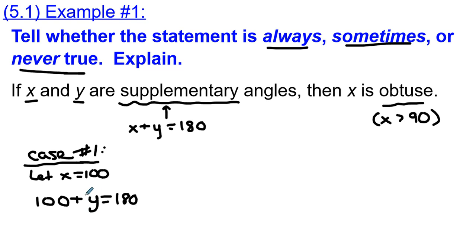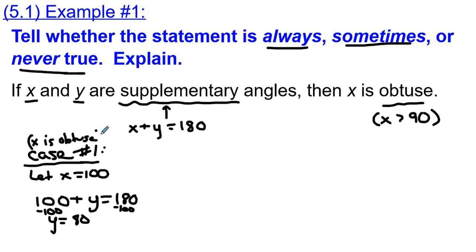And you can definitely tell it's 80. So you could subtract 100 from both sides, and I would get 80 on the right side. So y equals 80. So is that statement always, sometimes, or never true? Well, at this point, x and y are supplementary. Yep, they add up to 180. Is x obtuse? Well, yeah, it's possible. I said if x is 100, we have another angle here that would have to be 80 degrees, and then yeah, they'd add to 180. So in case number one, x is obtuse.